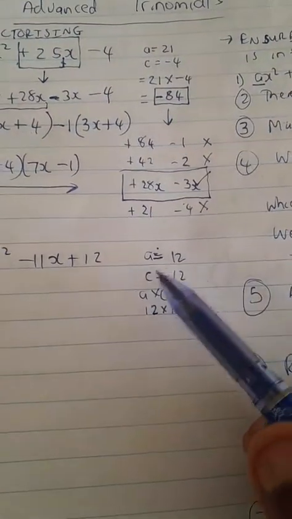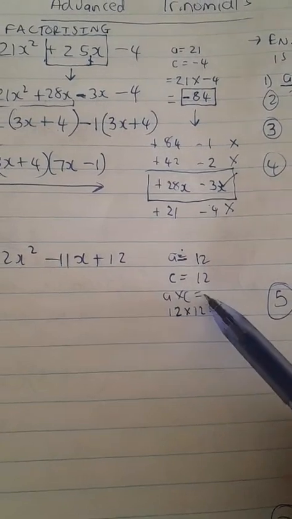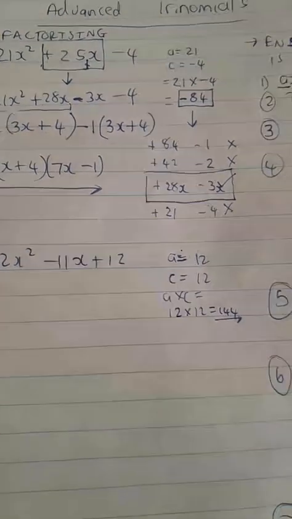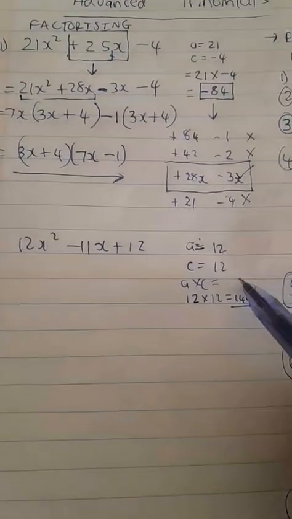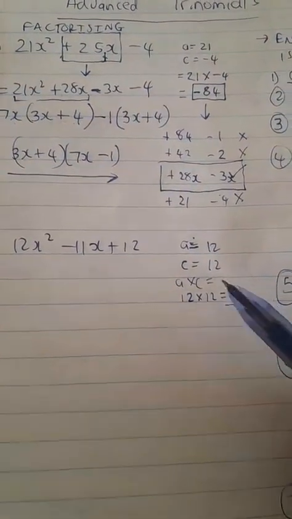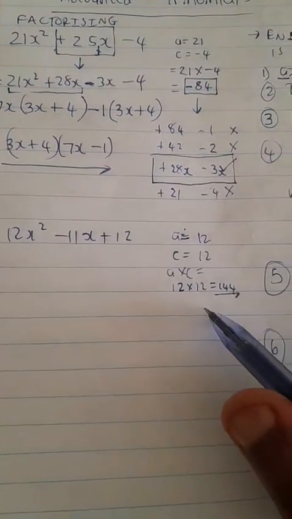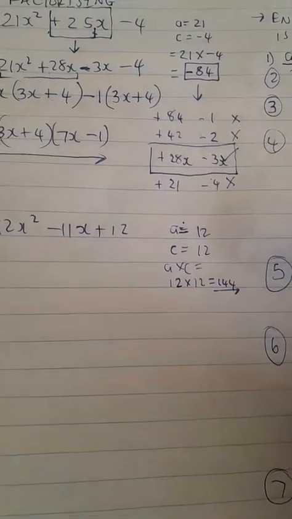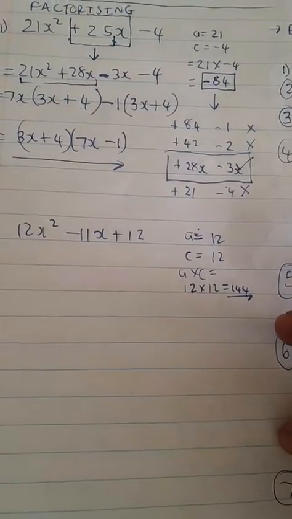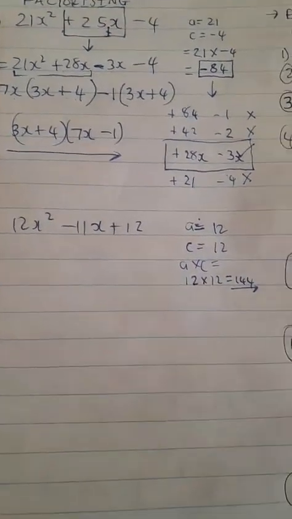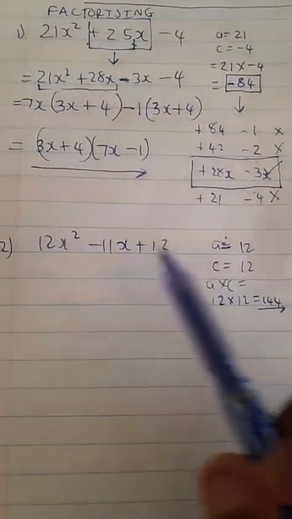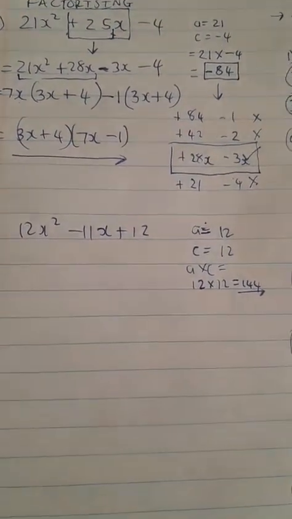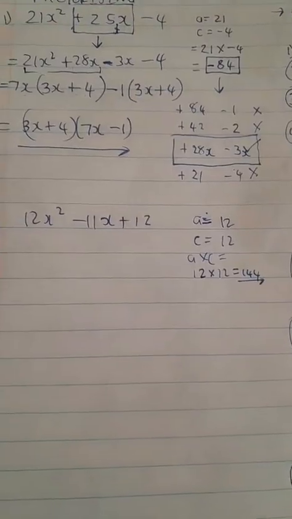So a is equal to 12, c is equal to 12. A times c is equal to 12 times 12, which is 144. Now, what do we want now? We want the factors of what? Of 144. Okay. Yeah, smart study. I think obvious. That's why we need to be aware at what we are looking at. That distinction between an expression and equation must be clear for all of us.